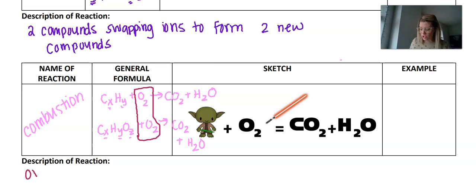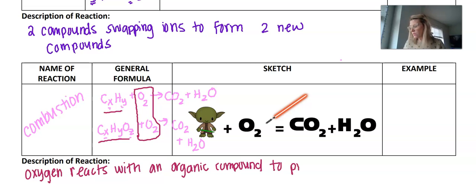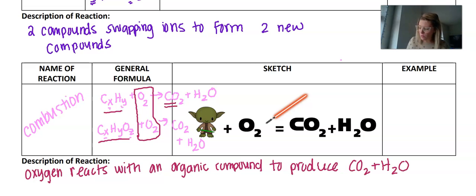Okay, so oxygen reacts with an organic compound, and an organic compound being these CxHy, CxHyOz compounds, to produce CO2 and H2O. And that's the other defining thing, right? Both of these produce CO2 and H2O, and that's our combustion reaction.